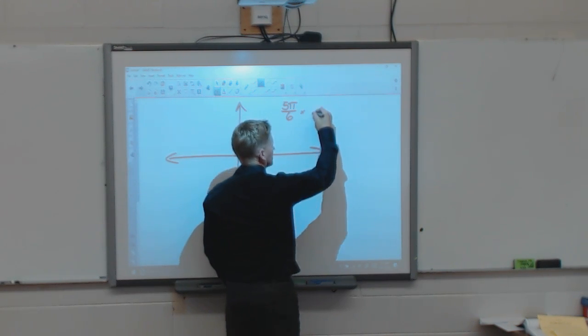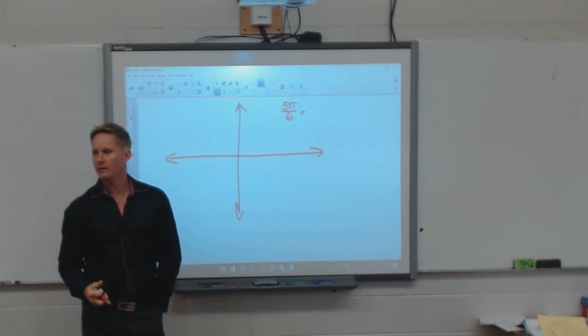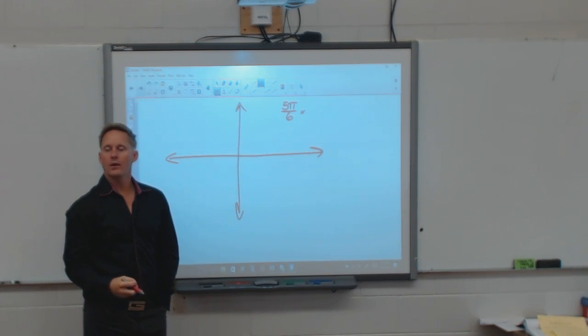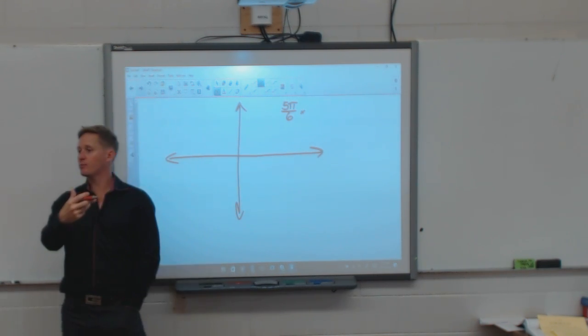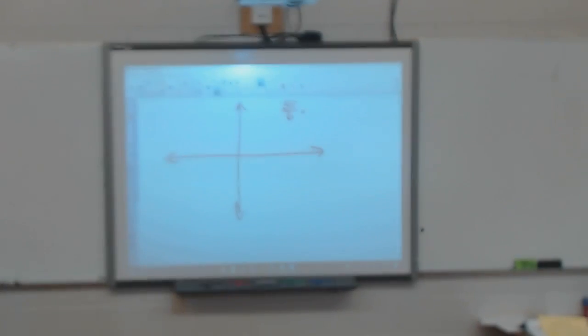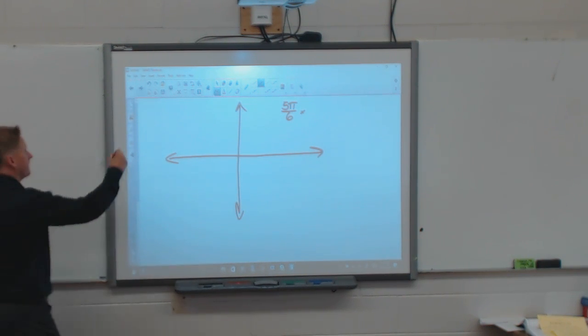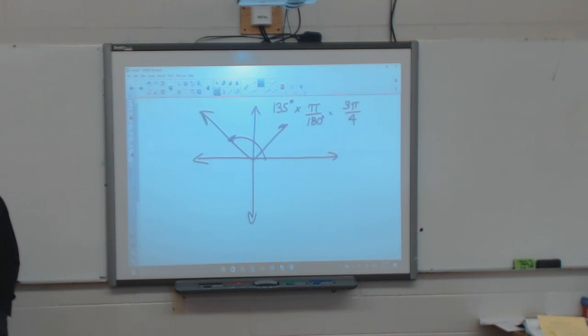So how do I change it? What's the ratio that I have to multiply it by in order to change it from radians to degrees? What was the ratio I used to multiply by 135 to get it from degrees to radians?